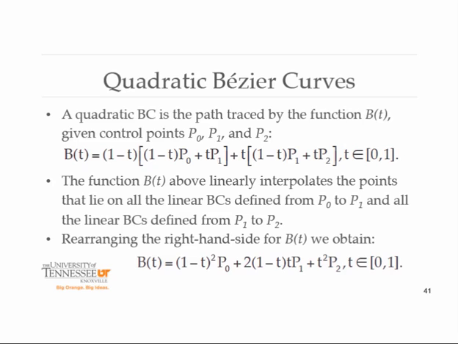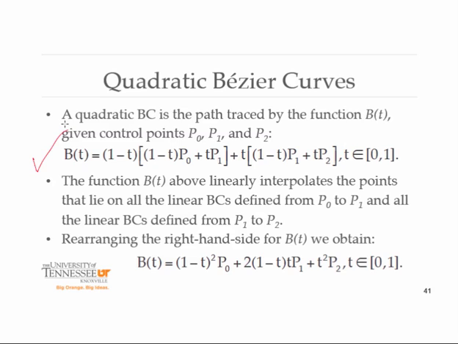So a quadratic Bezier curve, again, is this idea of a parametric curve based on this parameter t from 0 to 1, but now it has this particular constructive form here. And what you can think about is that it linearly interpolates the points that lie on all the linear Bezier curves defined from P0 to P1 and all the linear Bezier curves that are defined from P1 and P2.